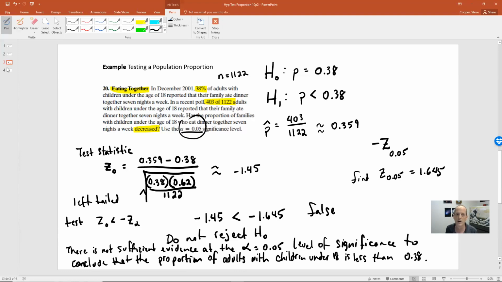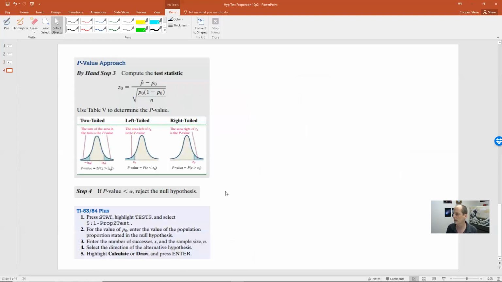Okay, I want to get you a quick look at the other approach we talked about. So the test statistic that we're looking at here, we calculate the same way, but we use a p-value. And the p-value is just the probability.